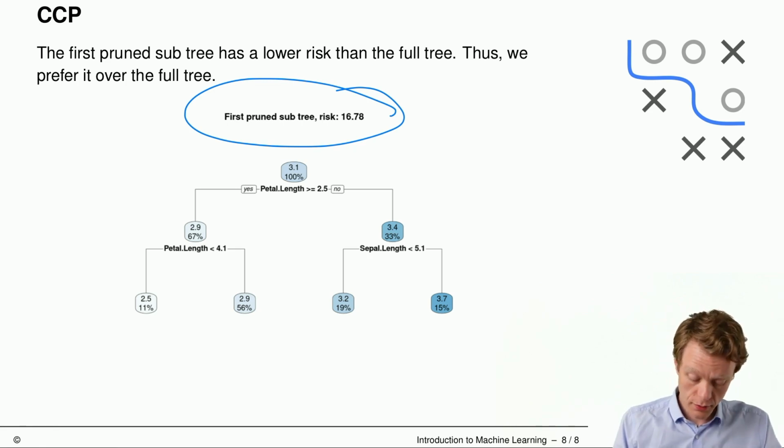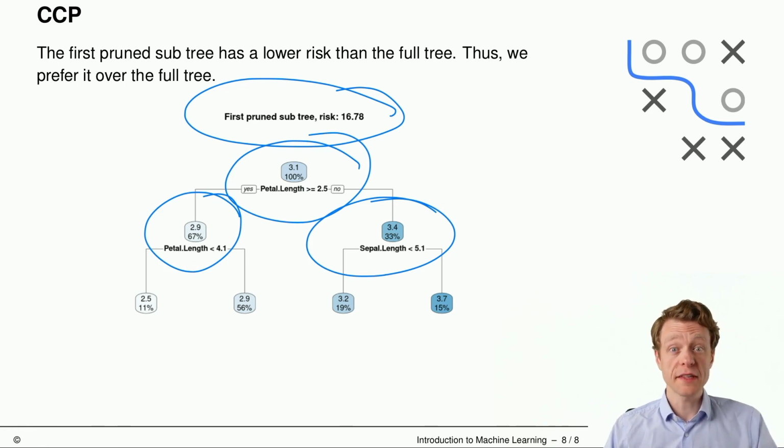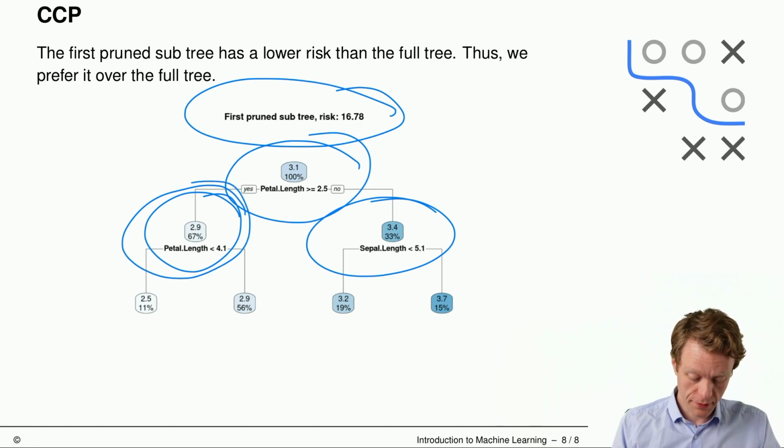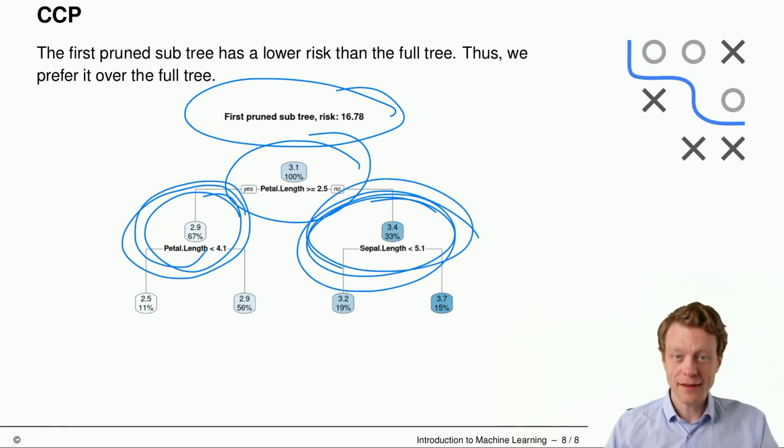And now we can go on and have a look at again what happens if we replace these 3 internal nodes by leaves. We already know what happens here because we computed that before, but on the right hand side something different could happen.